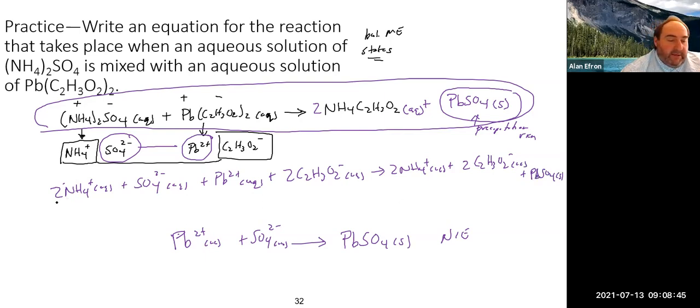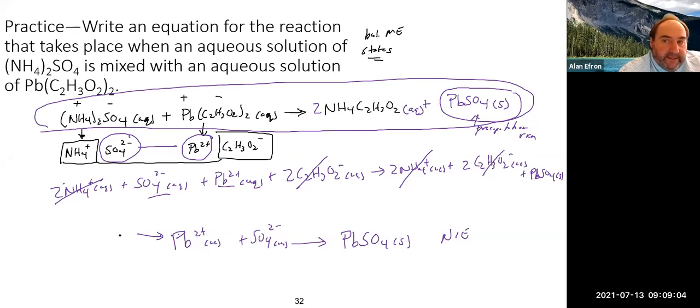Again, here we see ammonium and we see our acetate, leaving us our lead and our sulfate for our net ionic equation. Any questions on any part of that?